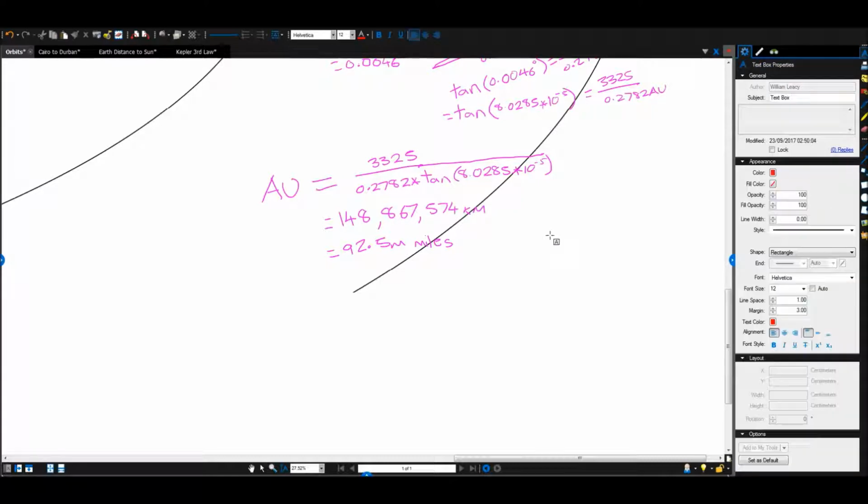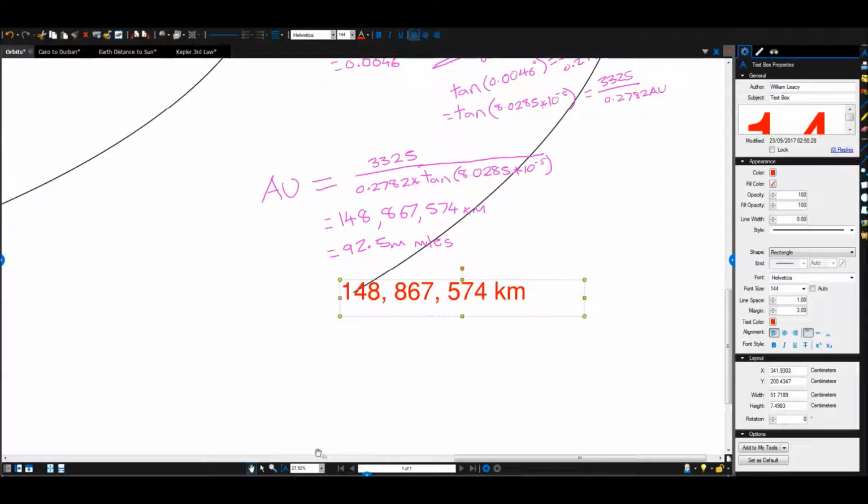So we're saying that it's equal to 148,867,574 kilometers.